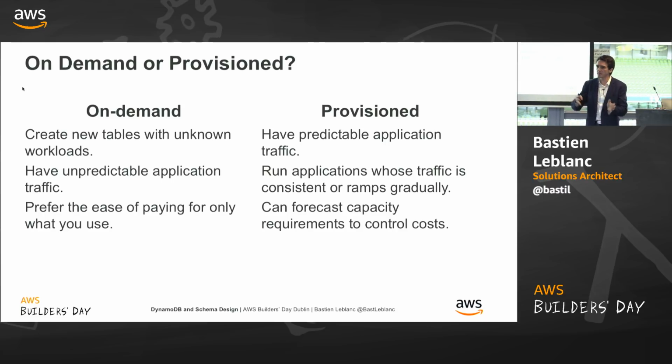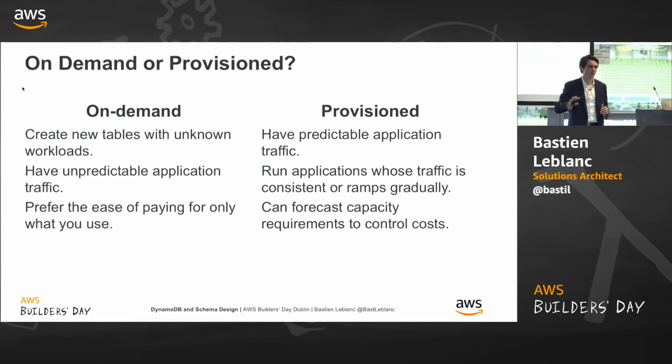That's why we keep the two models. It's easier to predict cost. It's easier to make sure that you will not have any throttle on your application if you know exactly how many reads or writes you will do. So I think we will have a lot of production environments stick to provisioned because you need some predictable thing.